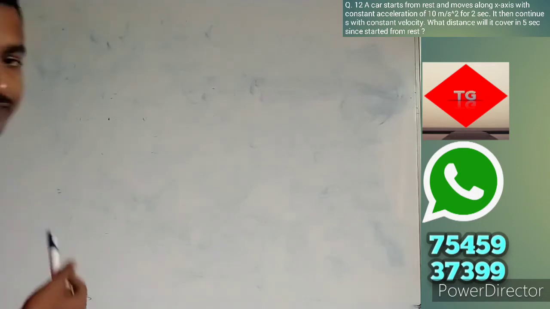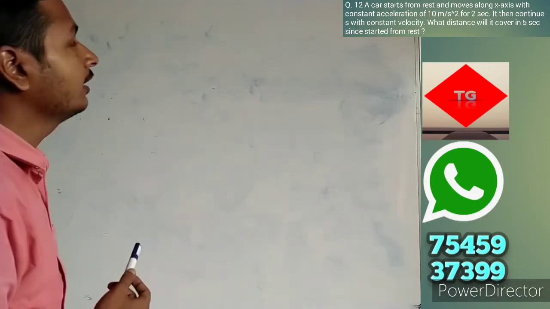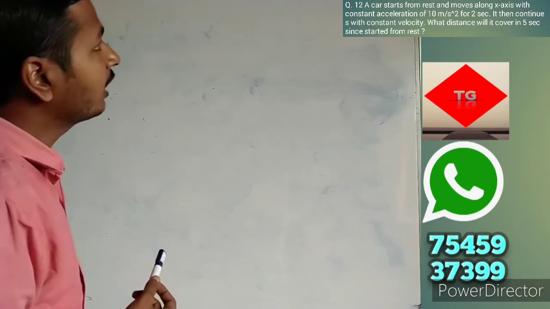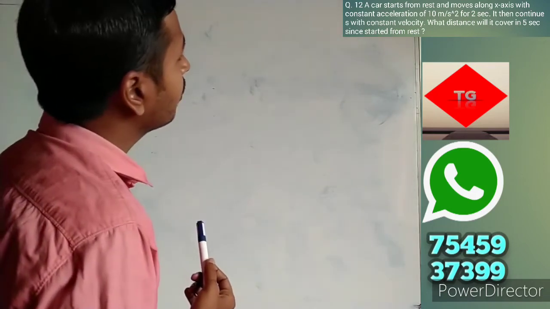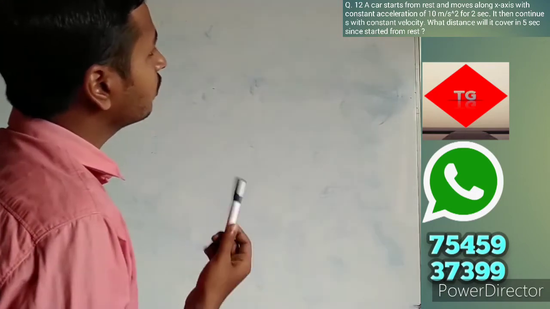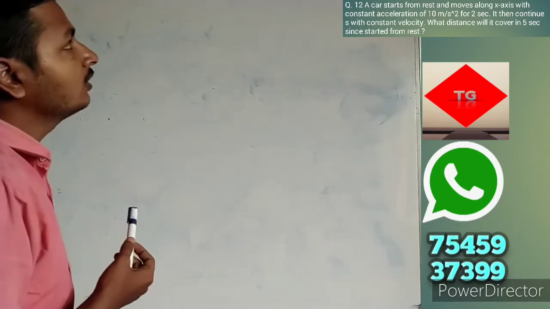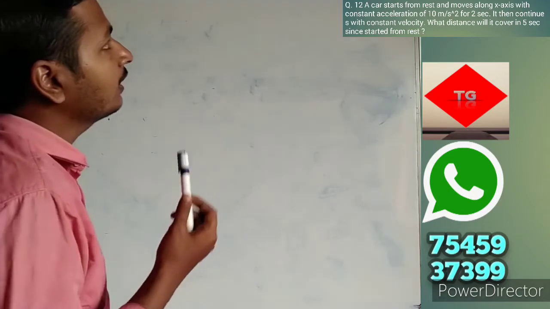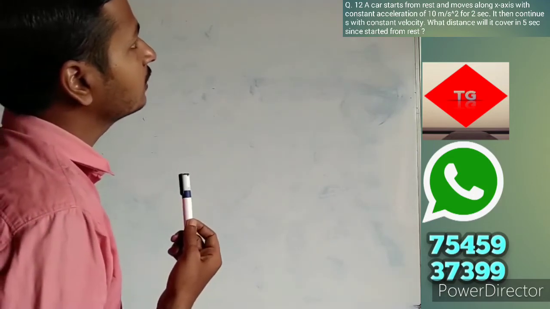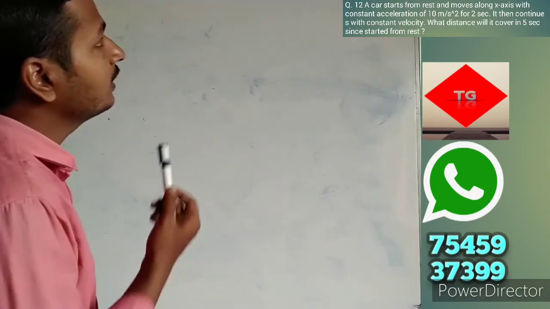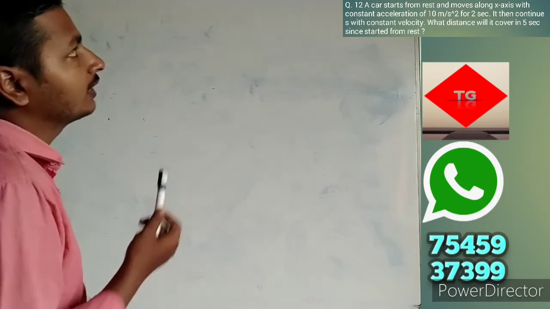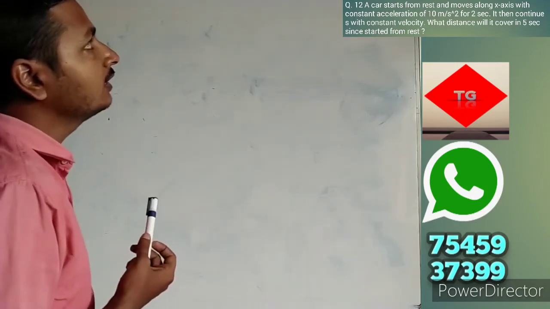Come to the next question. Here what is given: a car starts from rest and moves along the x-axis with constant acceleration of 10 meter per second square for 2 seconds. It then continues with constant velocity, and what distance will it cover in 5 seconds since it started from rest?